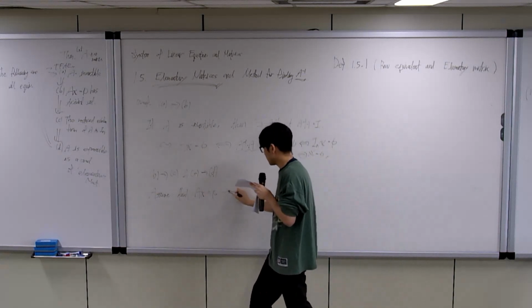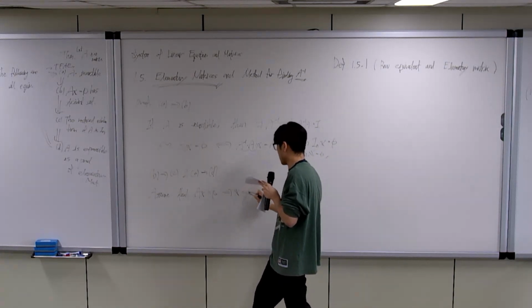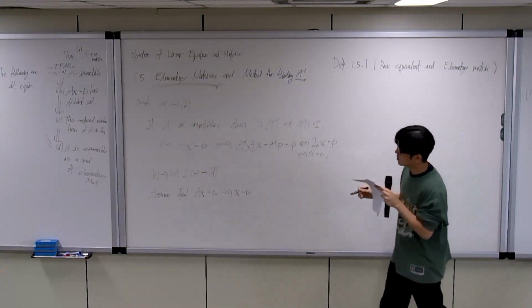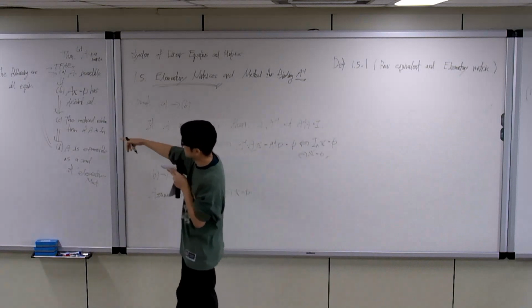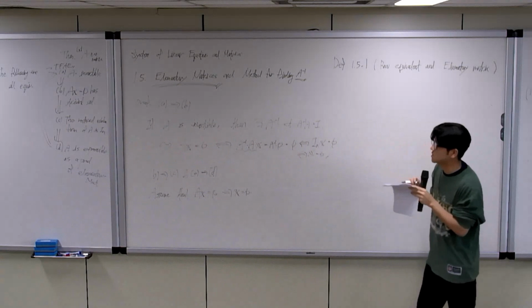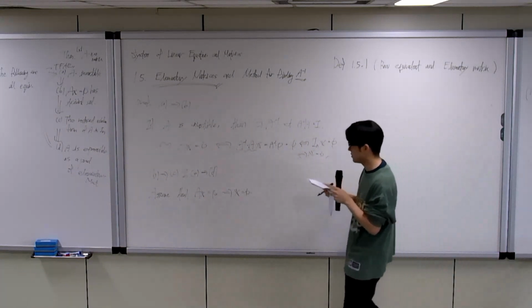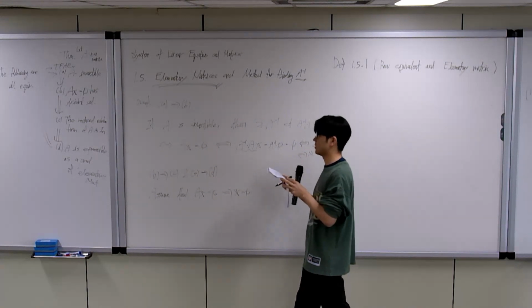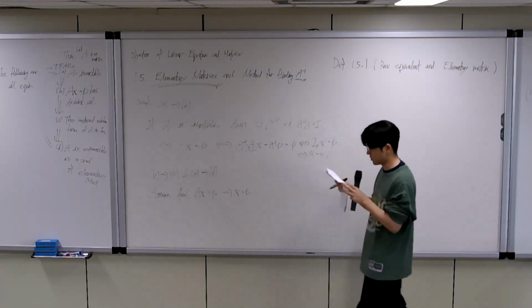Then x equals 0. The C statement said the reduced echelon form is identity.